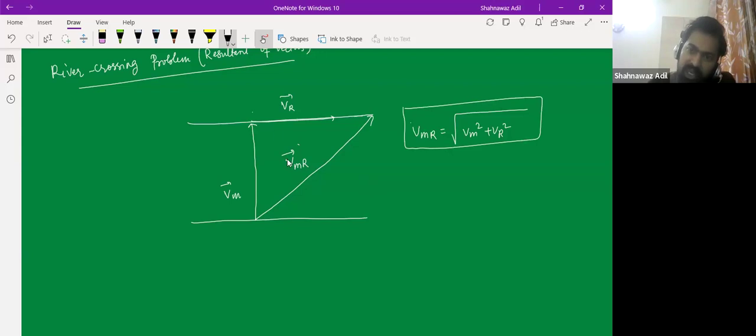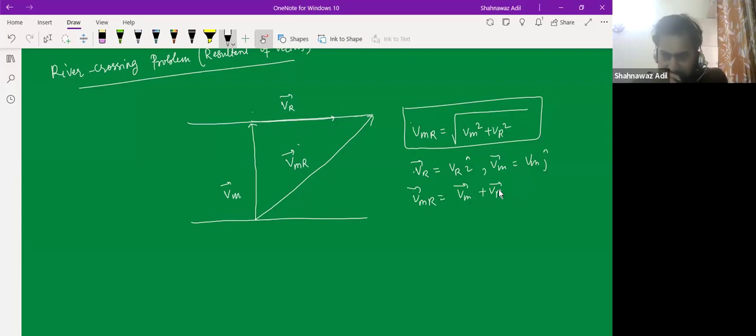And I can also write it in IJK formalism. Vr is simply Vr i hat. Velocity of man is Vm j hat. So Vmr is Vm plus Vr, because we are calculating the resultant. So this would be Vr i hat plus Vm j hat.